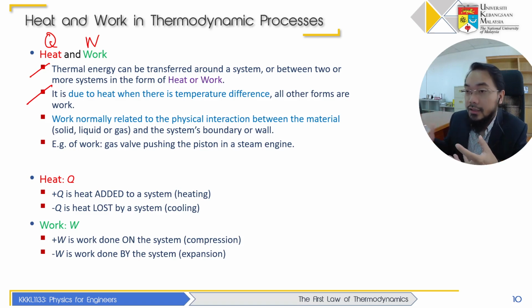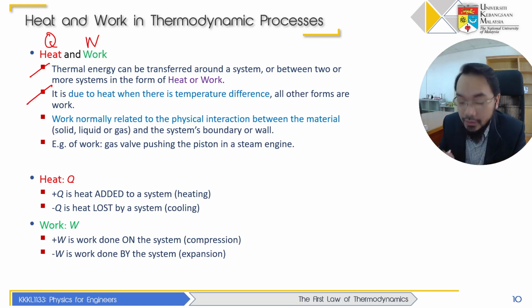If any other kind of energy transfer or process is happening, then it must be due to work. Especially, work is when you have to push the boundary of your system, and the boundary of your system changes. If the boundary of your system does not change, then there's no work done.